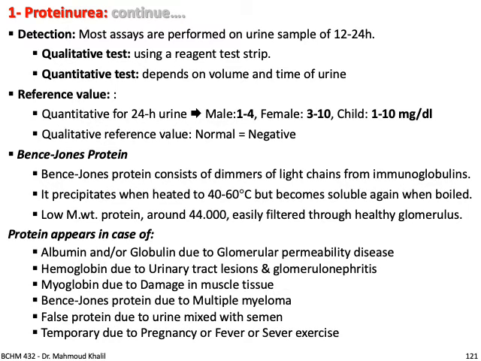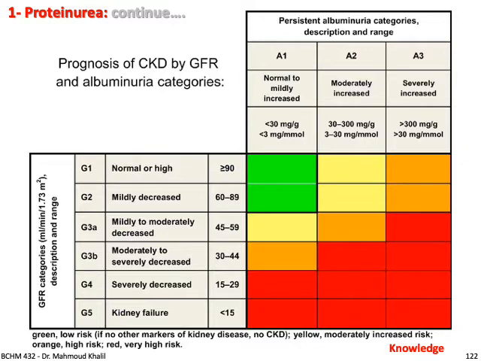Protein appears in case of albumin or globulin due to glomerular permeability disease, hemoglobin due to urinary tract lesions and glomerulonephritis, myoglobin due to damage in muscle tissue, Bence Jones proteins due to multiple myeloma, and false protein due to urine mixed with semen. Temporary: the proteins can appear temporarily due to pregnancy, fever, or severe exercise.